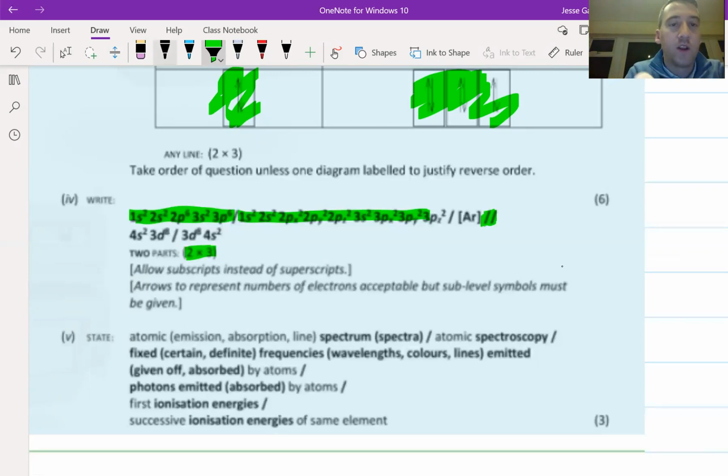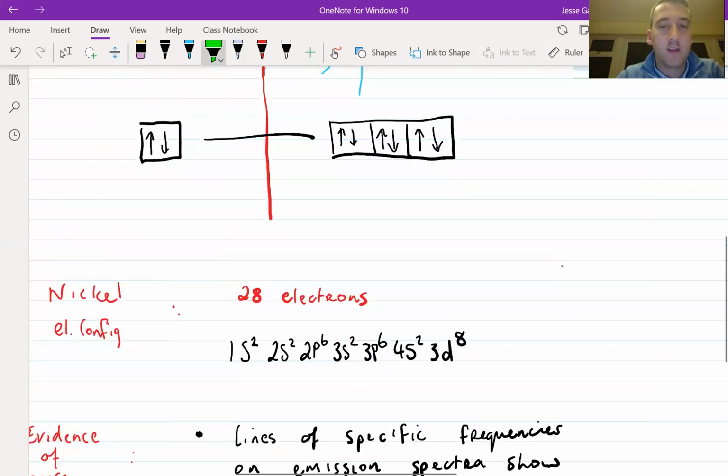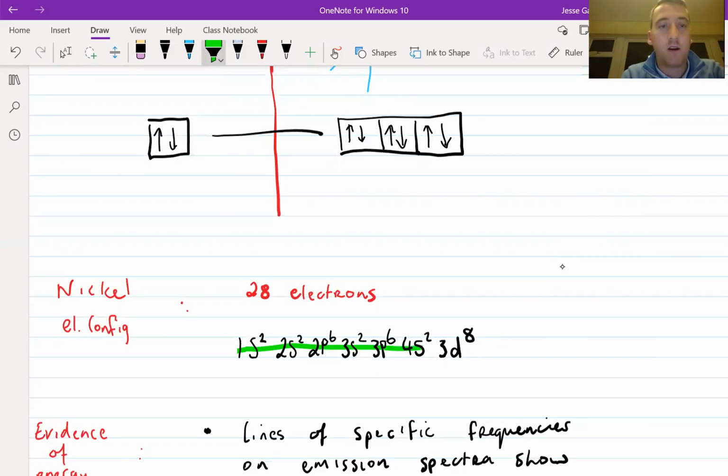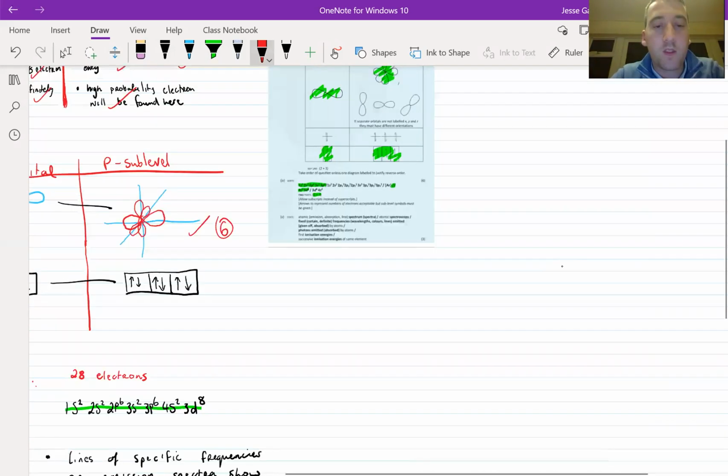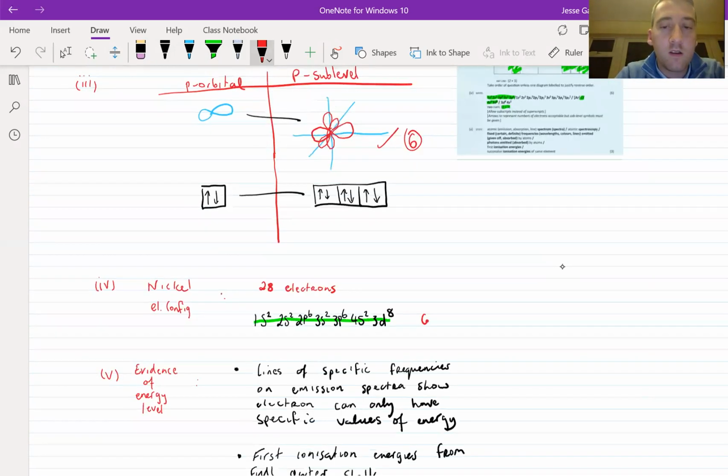So this is the one that we had in green. And then the second part, either of these is correct. So we had it done correctly, 4s2, 3d8 first. Yep, exactly. There's all the marks there. So that's 6 marks.